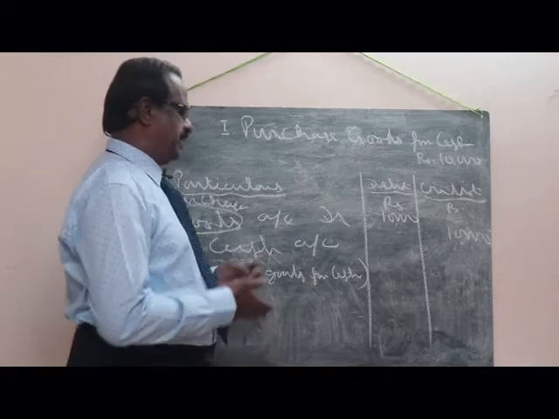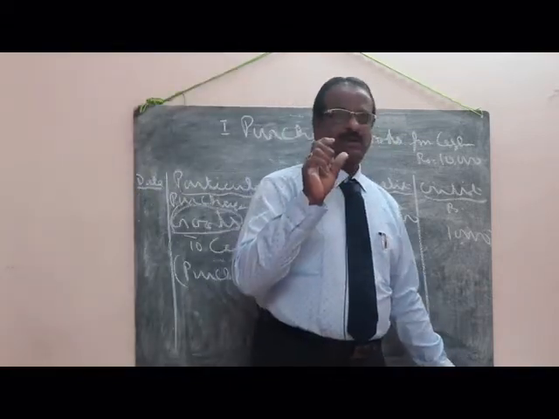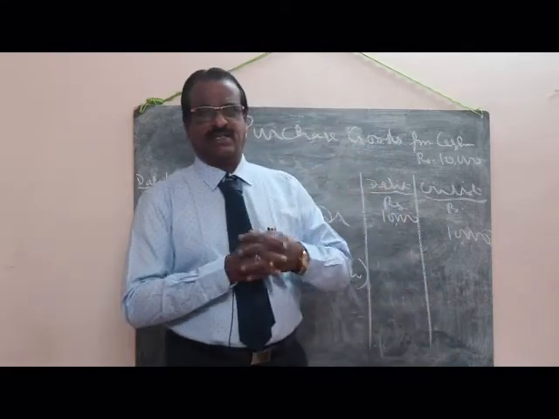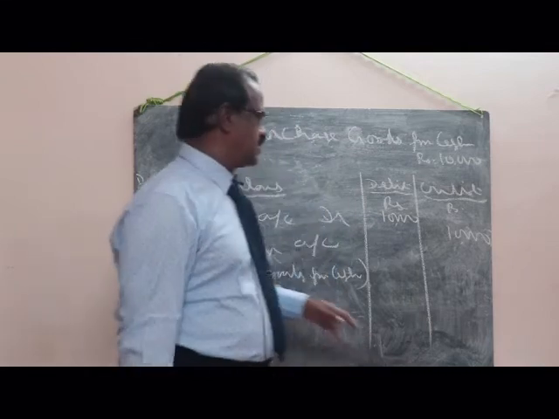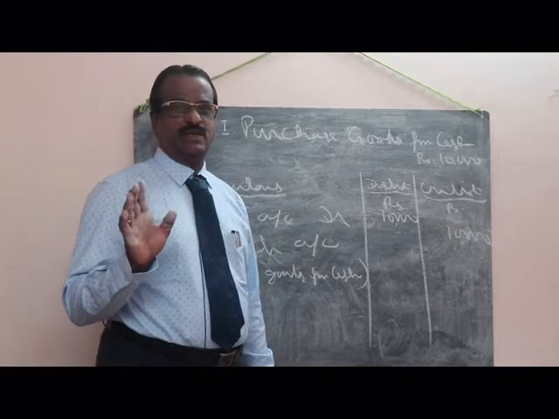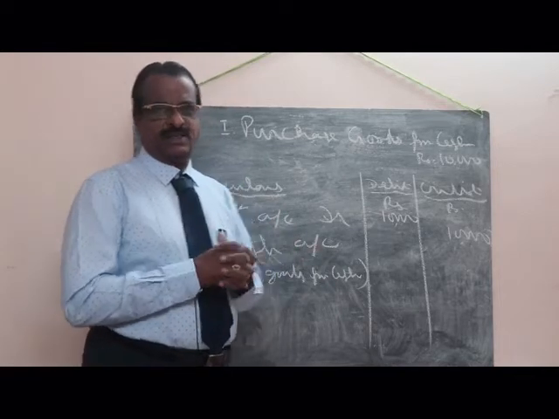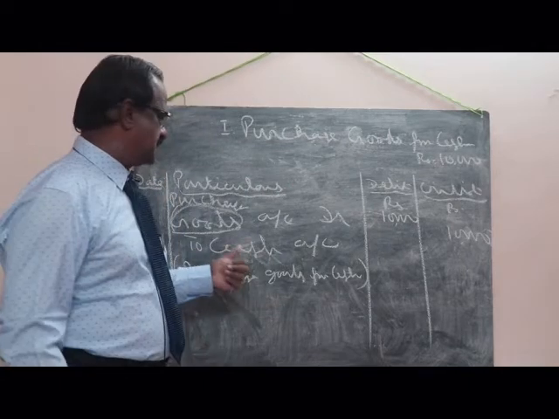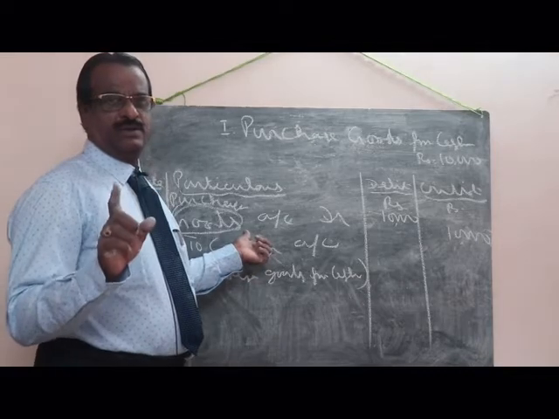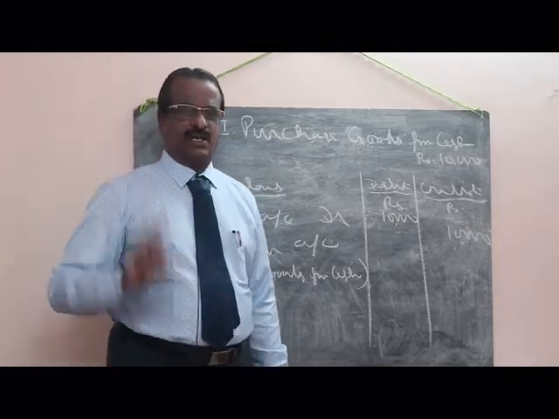So again I will repeat how to pass journal. For example, the transaction: purchase goods for cash. This is called a transaction. Please don't just write purchase account debit to cash like this. You yourself ask what comes in. Goods comes in. Comes in is a debit. So you don't write goods. Instead of goods, you must write purchase account debit.